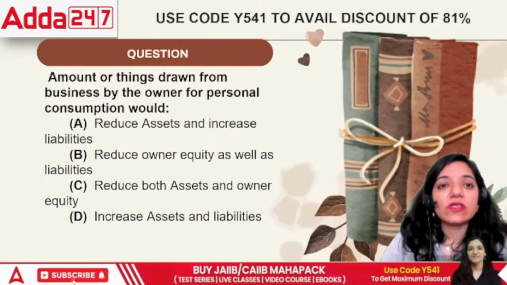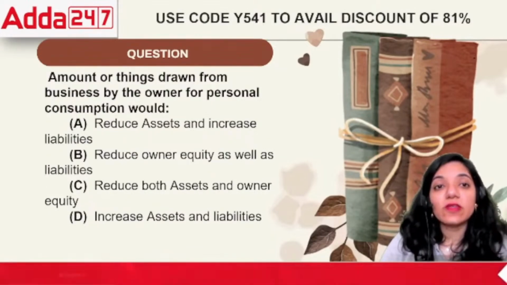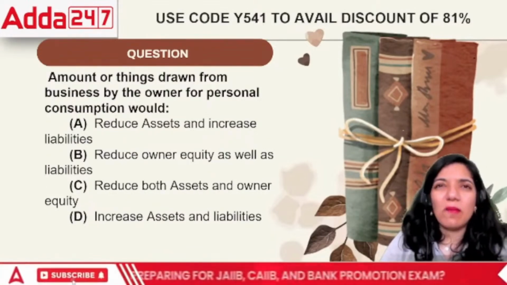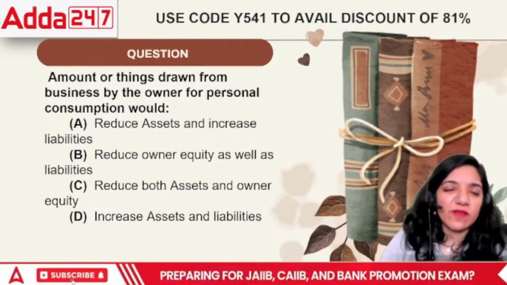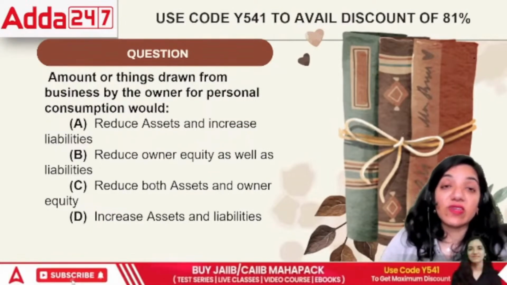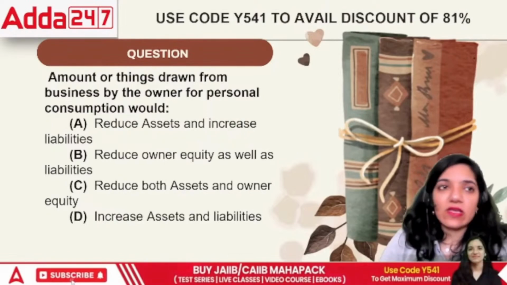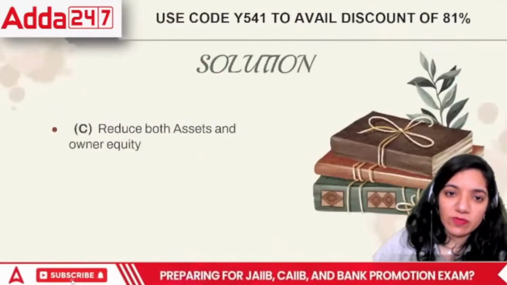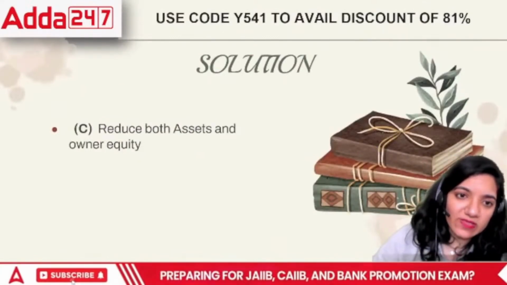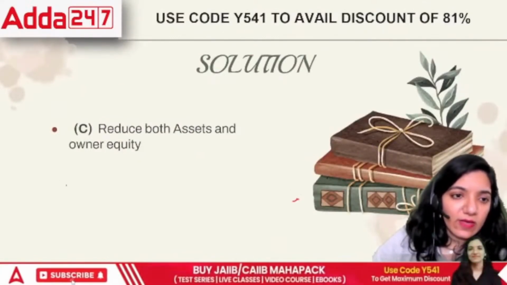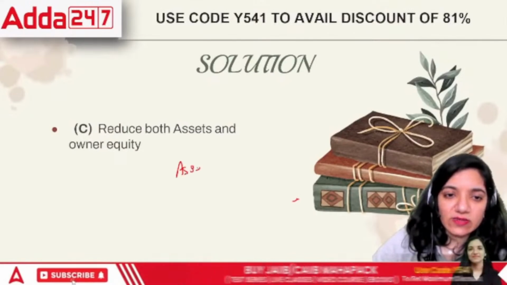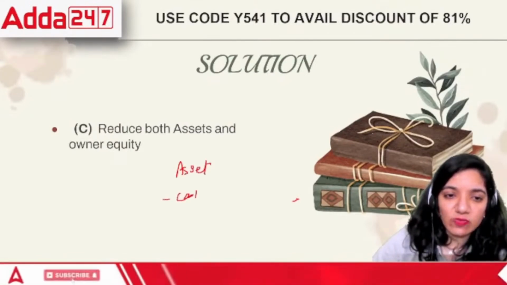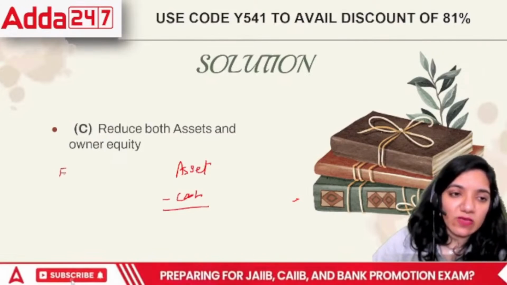If I talk about the reduction in terms of the amount, in terms of taking the money out of the business, it is drawings. It is considered as drawings. Drawings basically would mean if I take the cash out of the business, what will happen? If I take out the cash from the business, the things that will happen is number one, I will lose an asset because I'm losing cash withdrawn, and I'm also losing equity, everyone.